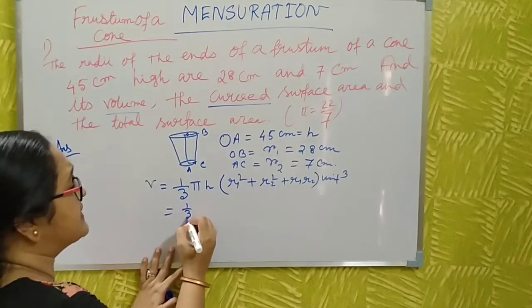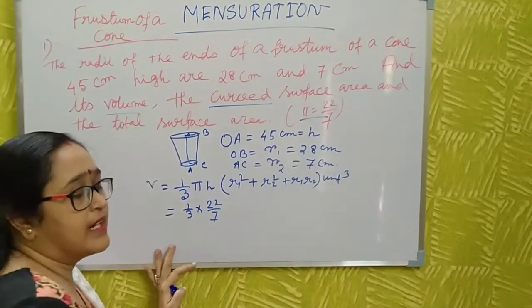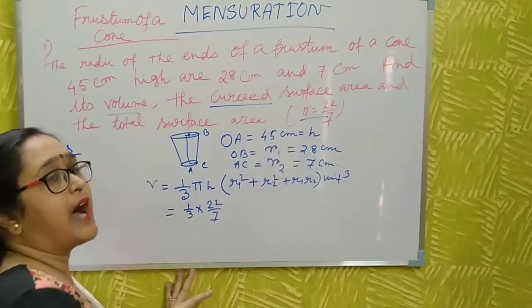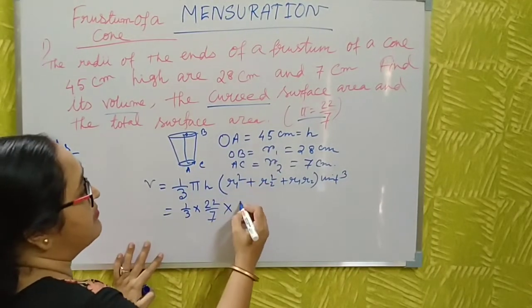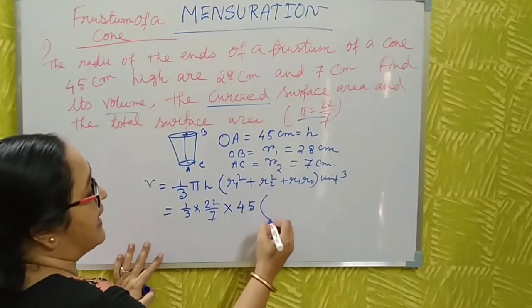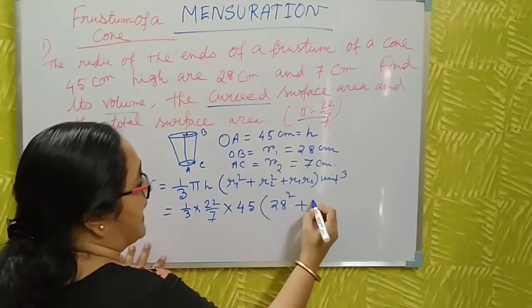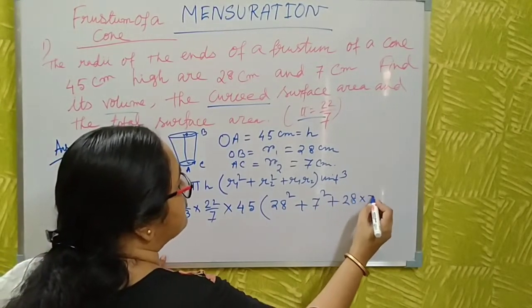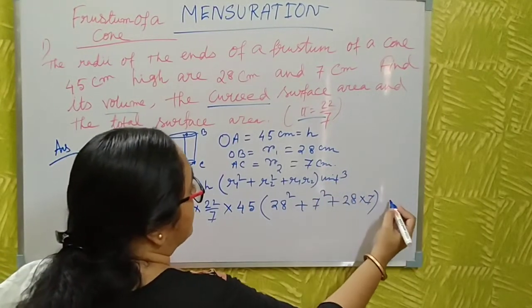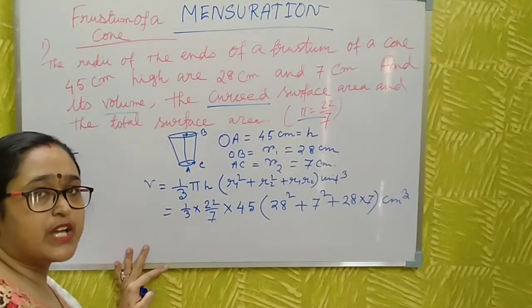This is 1/3 and 22/7, since the given data says pi is 22/7. Then h becomes 45, R1 is 28 square, R2 is 7 square, and 28 into 7, and the unit is centimeter, that's why centimeter cube.